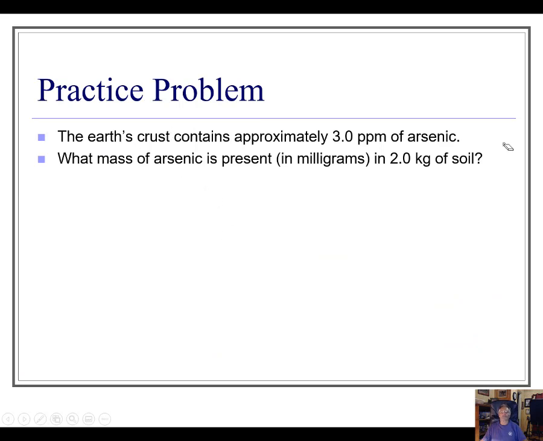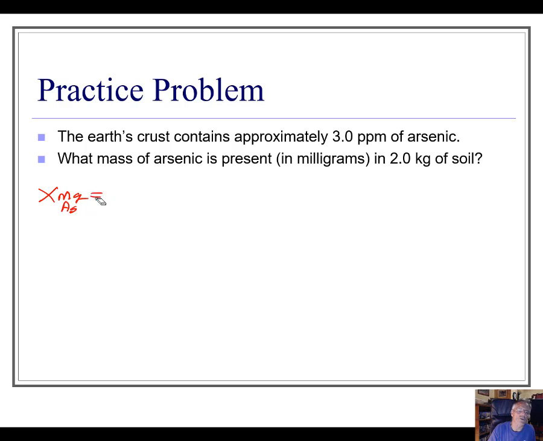I'll do this problem two ways. It says the Earth's crust contains approximately 3 parts per million arsenic. What mass of arsenic is present, in milligrams, in 2 kilograms of soil? So here we go. What we want is X milligrams of good old arsenic.